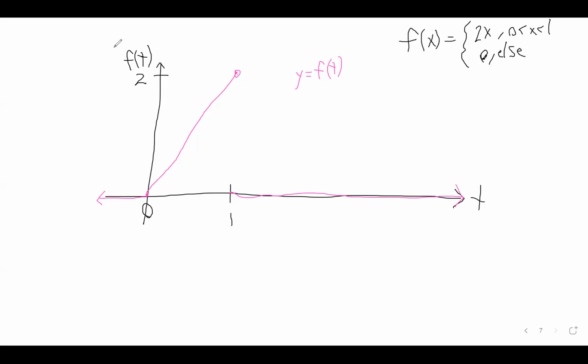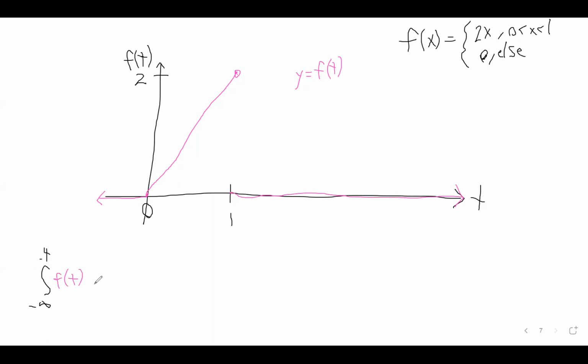And so when we integrate from negative infinity to 0.4 of f of t dt, the curve of f of t is this.